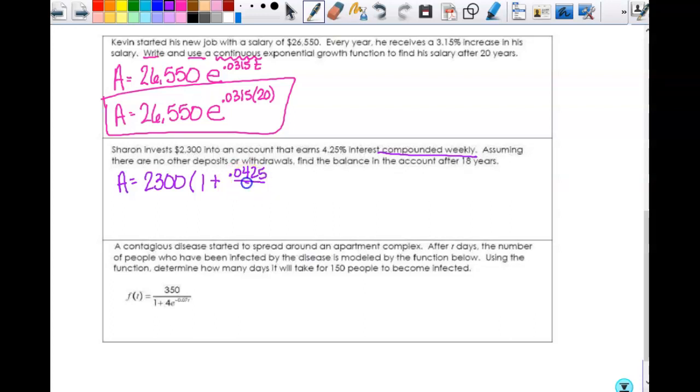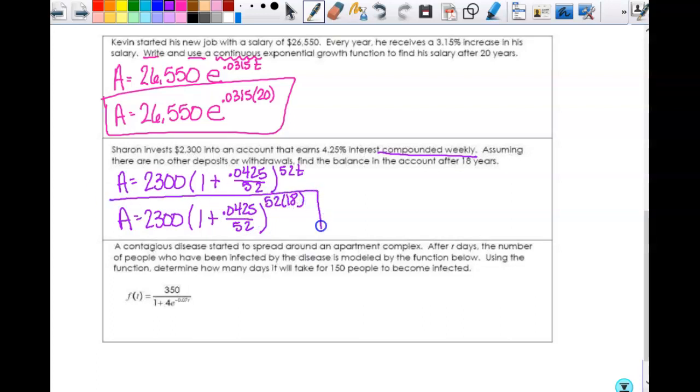So if it's weekly, it's 52 weeks in a year, to the 52 times t power. So A is equal to 2,300 times 1 plus 0.0425 divided by 52 to the 52 times 18 power. And then you would just leave it like that because you don't have a calculator, and I wouldn't expect you to do any of the rest of that by hand.